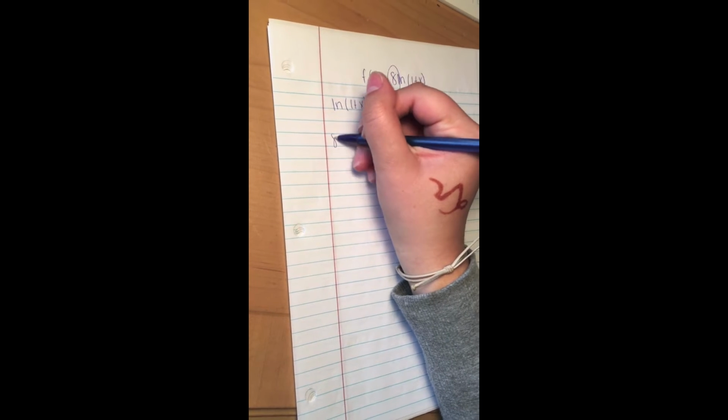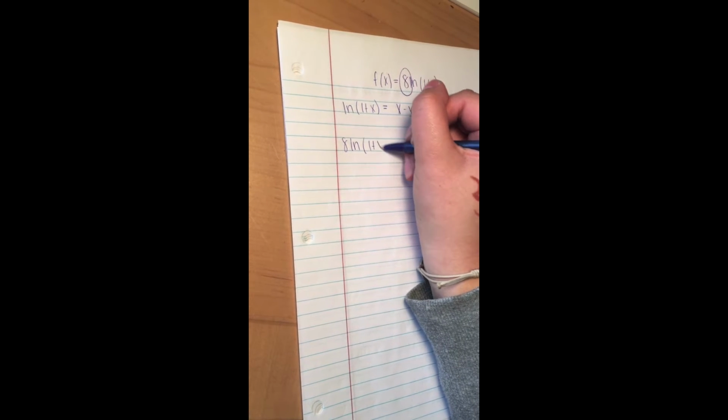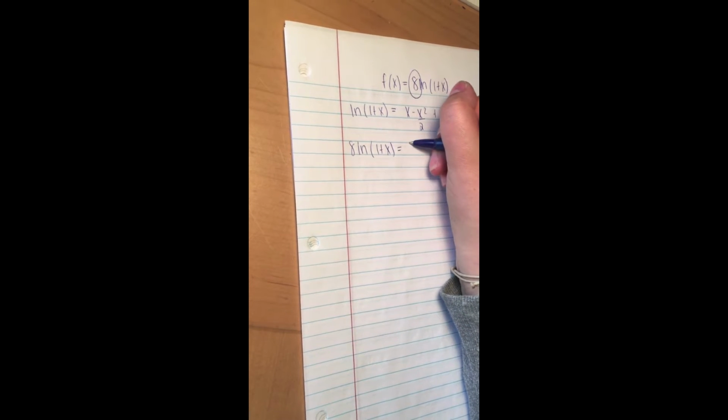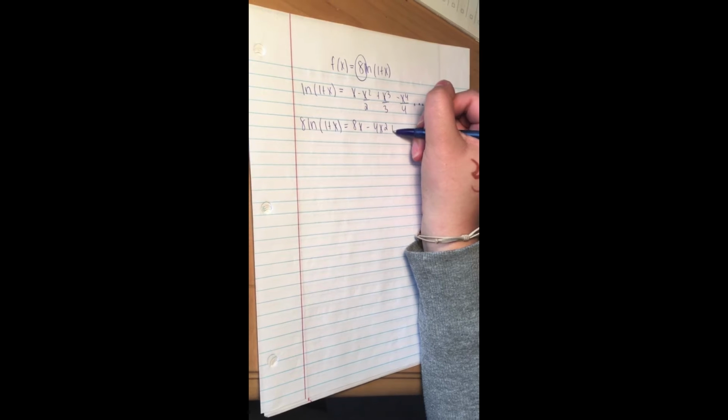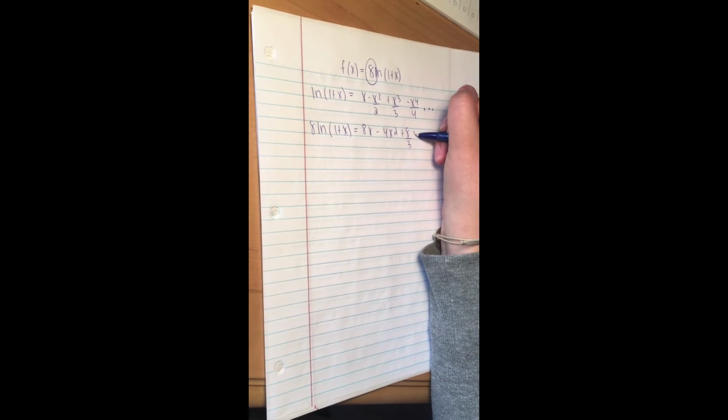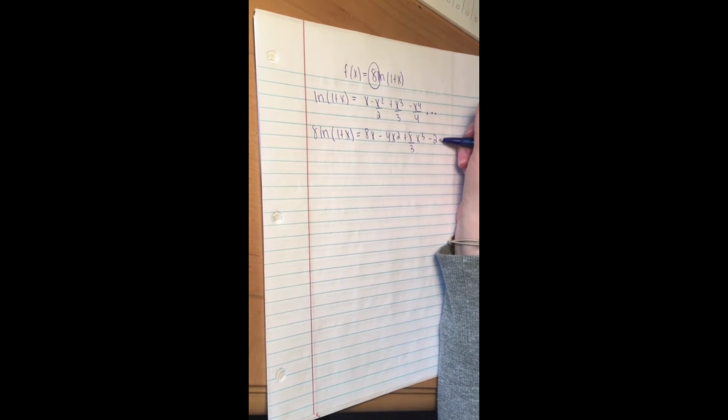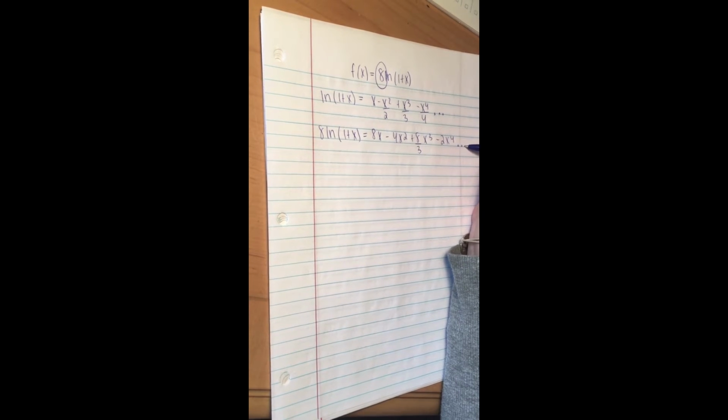So we have 8 ln of 1 plus x equals 8x minus 4x squared plus 8 over 3 x cubed minus 2x to the fourth, and so on.